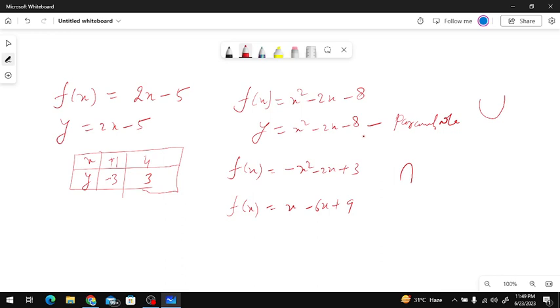And another, if you are writing minus 4x square plus 4x plus 1, this equation looks like this, and the previous equation looks like this.